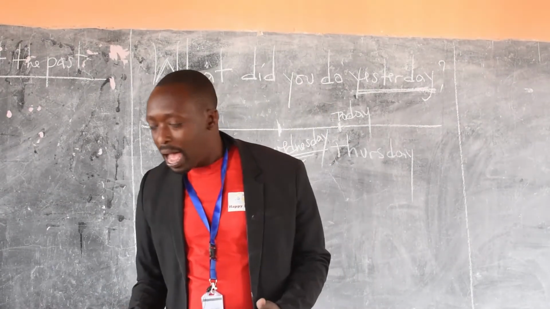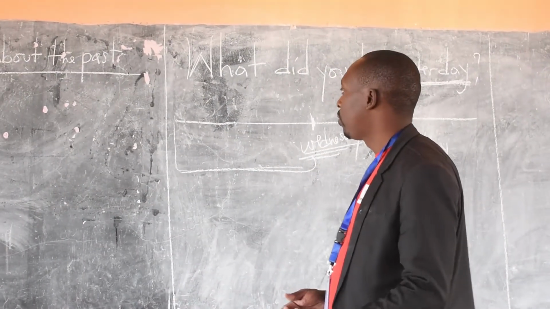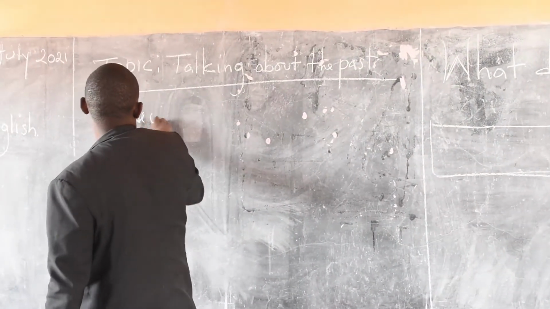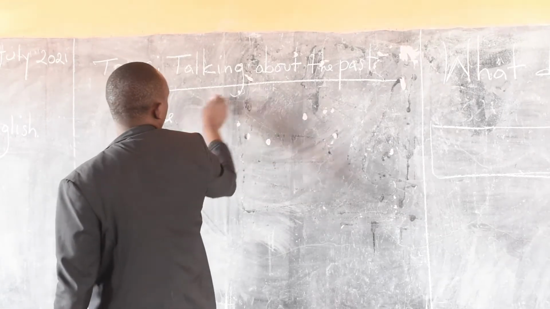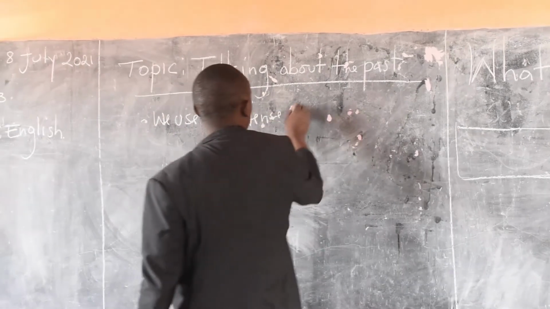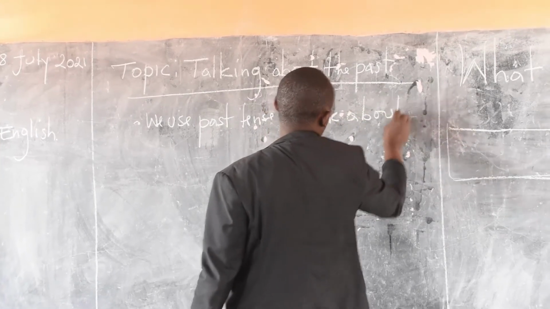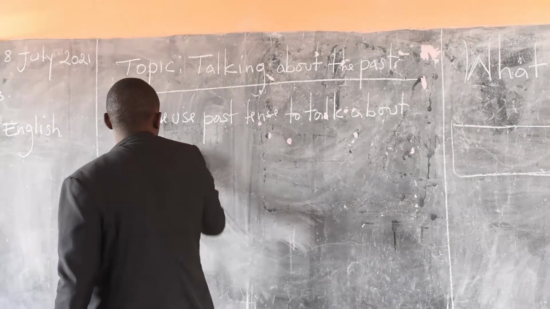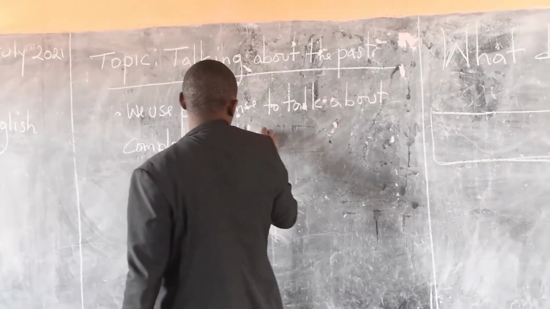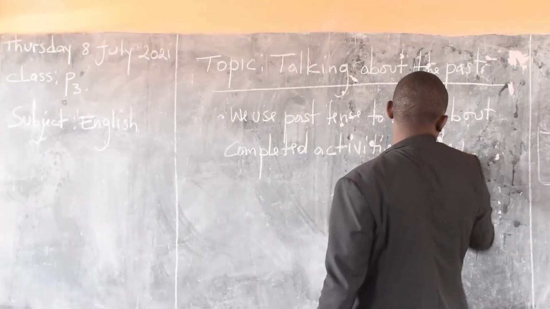So now, how do we use this tense? Okay? We use past tense to talk about completed activities in the past.